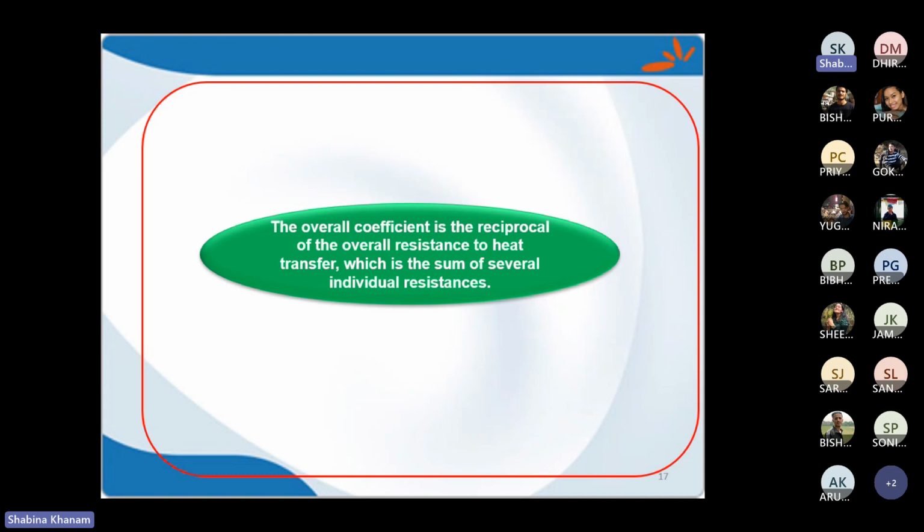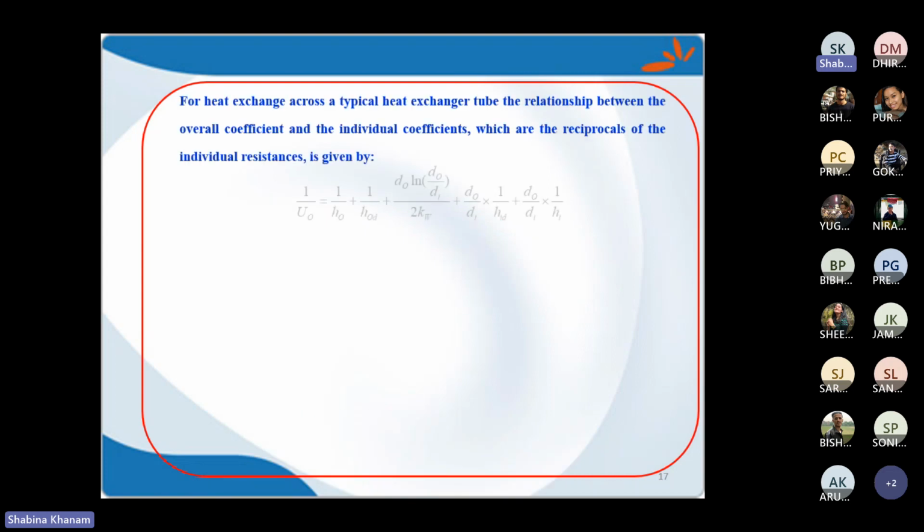Because of that scaling, resistance will be there, and because of the film, resistance will be there. So 5 resistances are there, and the reciprocal of all these resistances will give the overall heat transfer coefficient.